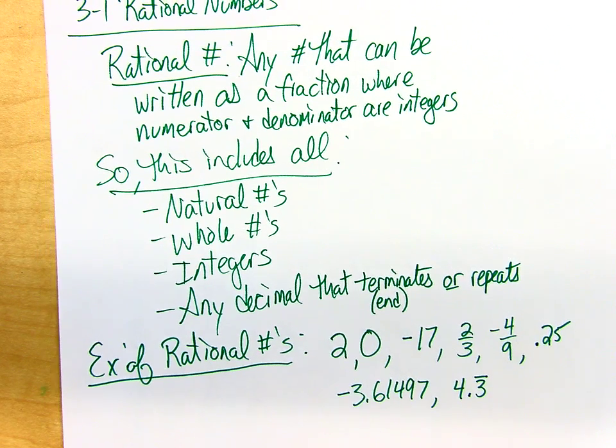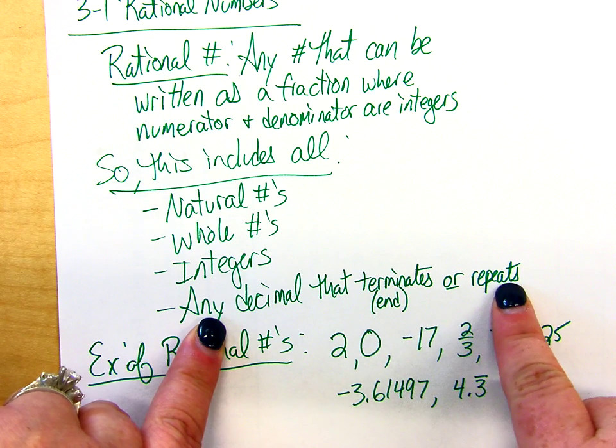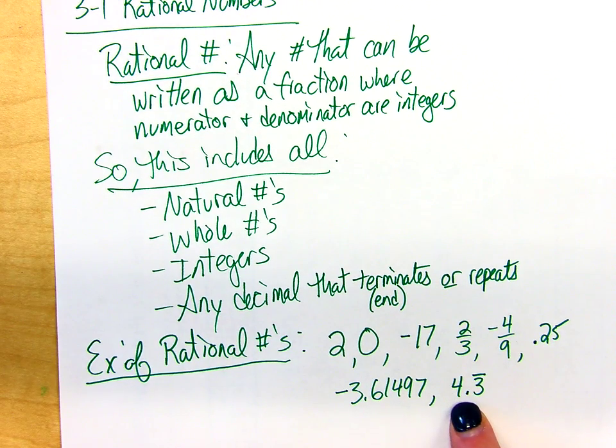Read right here. Any decimal that terminates or repeats. Repeating decimals are part of this family. As long as the decimal ends or it repeats, it counts as a rational number. You with me? Okay. All right.